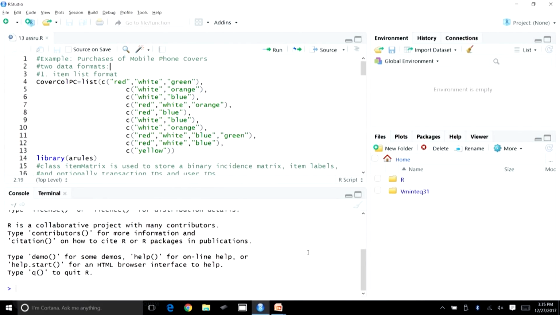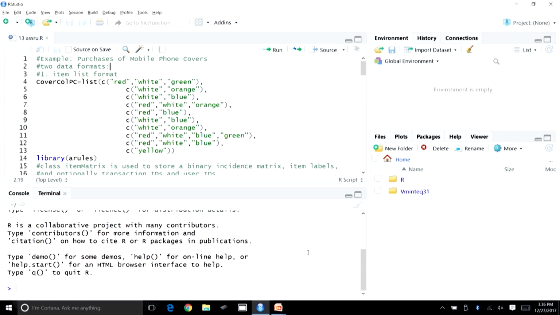So, if we go back to our RStudio, the example. If we look at the transactions here, we have a total of 10 transactions, and let us say the item set that we considered earlier, red and white. If the minimum user specified support is 3, then this particular item set is going to be considered a frequent item set.